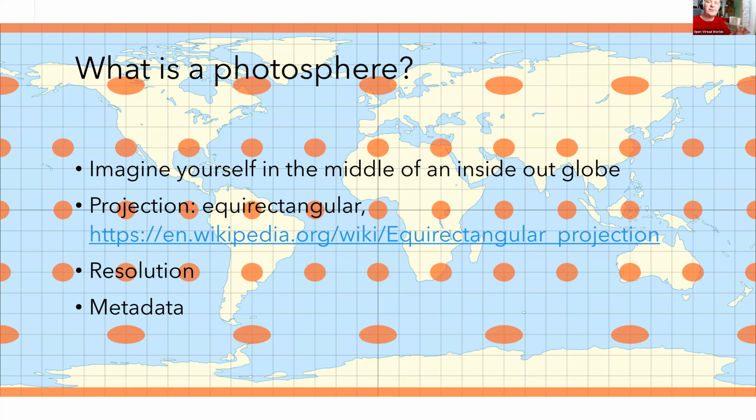Which means that all of the different formats that we use, PNG, JPEG, we could just use those to put spherical media into. And then it's the software. The software needs to know this is an equirectangular projection in order to show you it as a spherical thing that you can work with as spherical media.